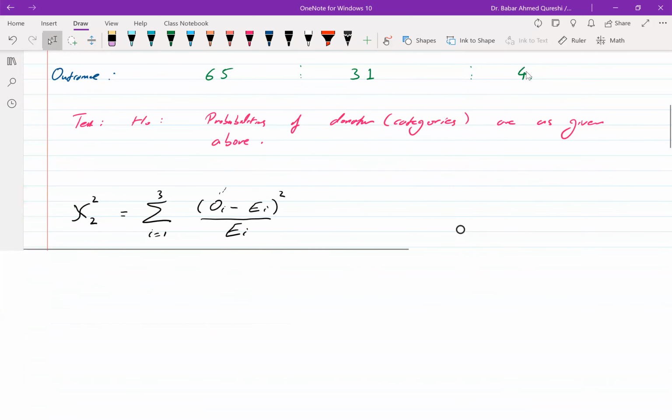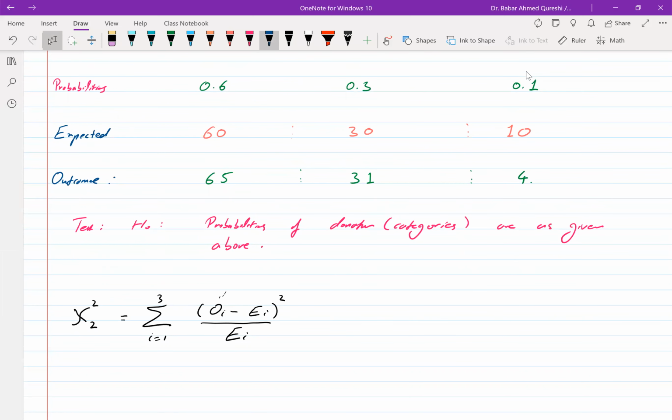So based on this table, which we have constructed, this will simply give us (60 minus 65) squared. Doesn't matter which way you take the difference because you are squaring it, but you have to divide by the expected.